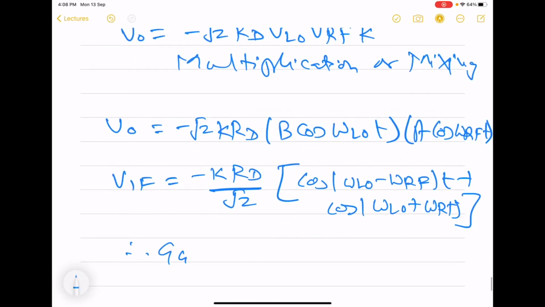So therefore here the conversion gain is A RD. Sorry, A and B are also there. B by square root 2. A is the amplitude of the input RF signal.